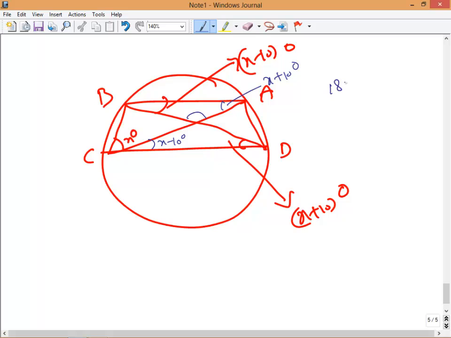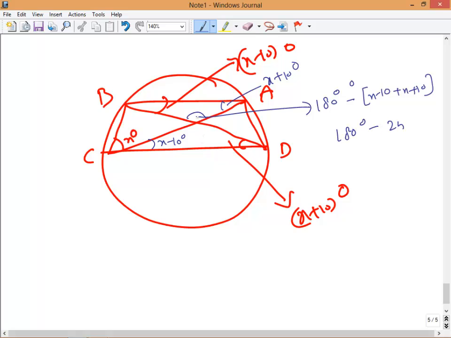So that is 180 degrees. This one is 180 degrees minus x minus 10 plus x plus 10. So that is 180 degrees minus 2x.